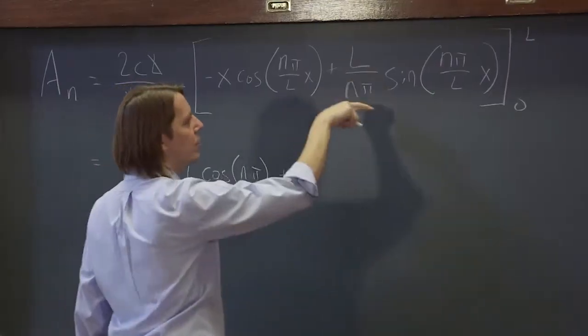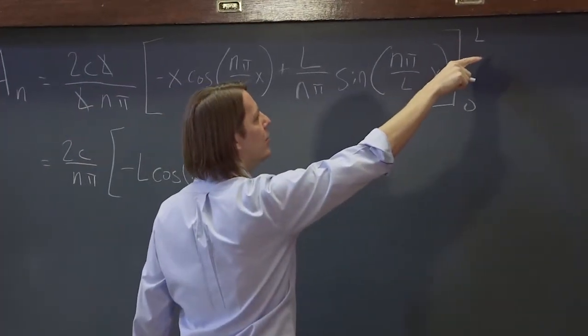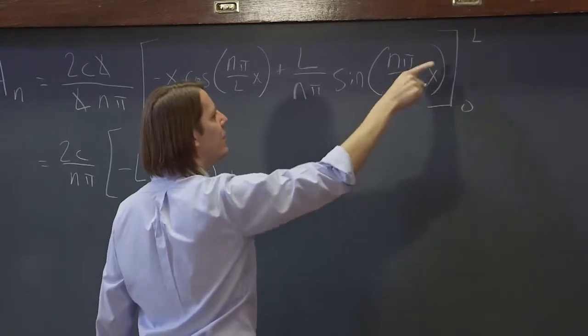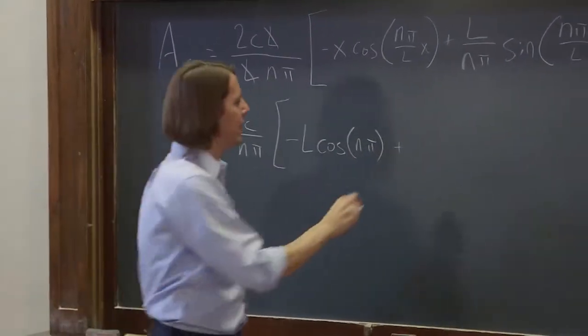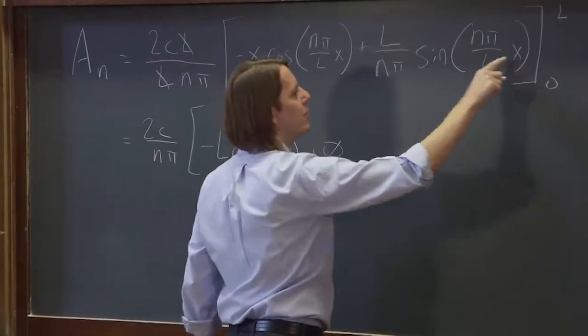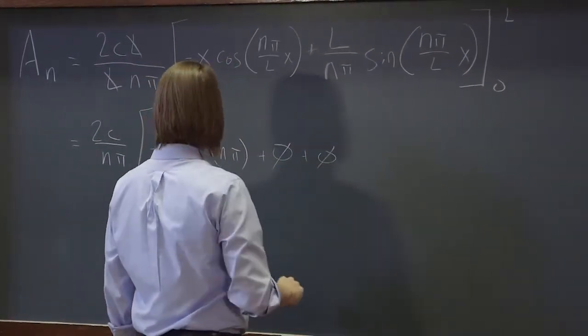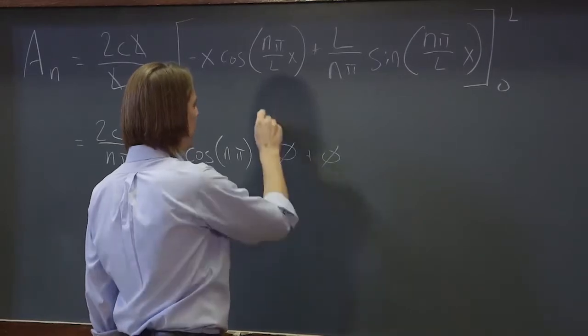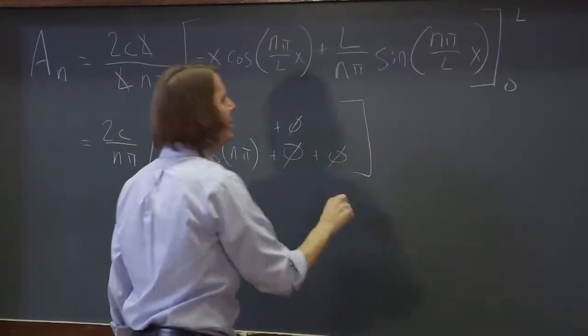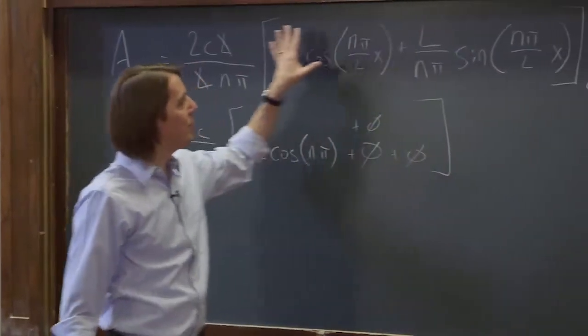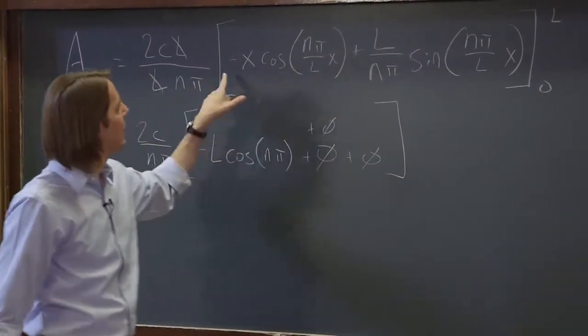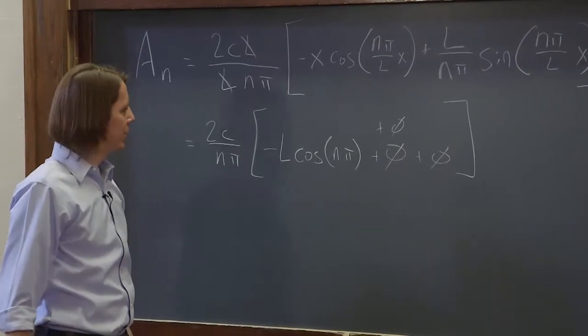And then we can do this term. Here, when you plug L into there, you get sine of n pi, and that's always 0. There's no plus and minus about it. And when you plug in 0, that's always going to be 0. And there was another 0 in here. This second term, of course, was 0. So of all the 4 possible terms, the only one that works out is when you have an L right there, and it's minus L cosine n pi.